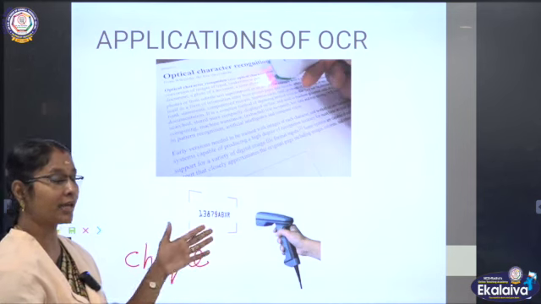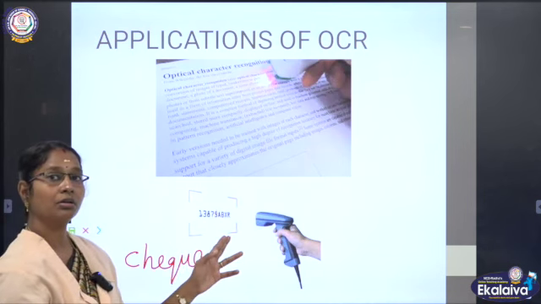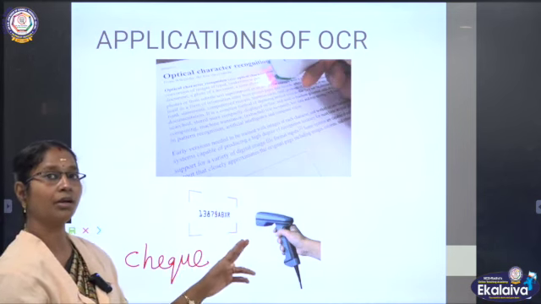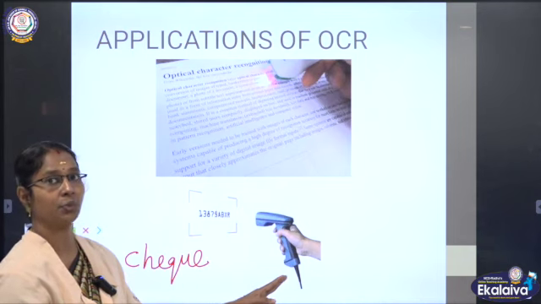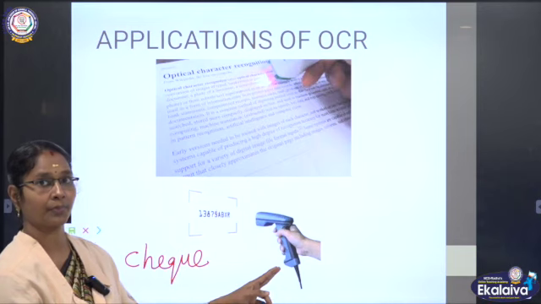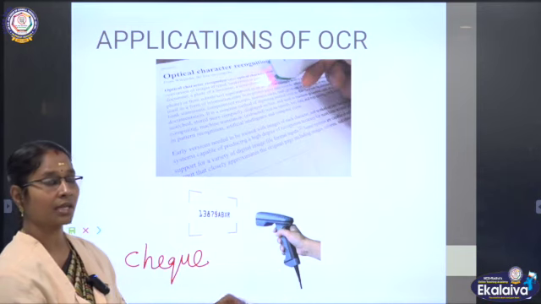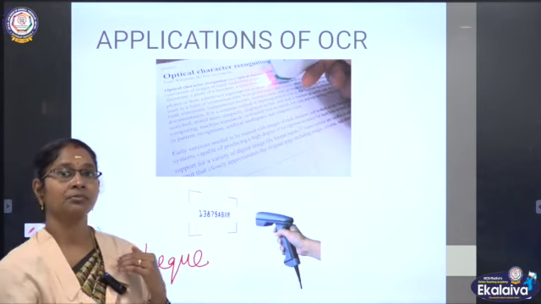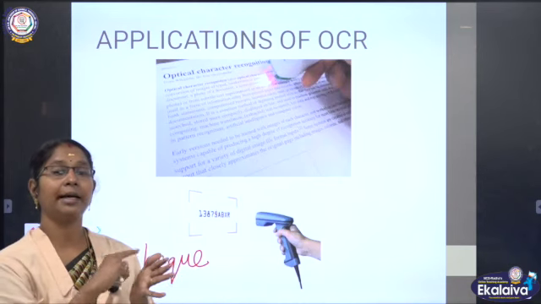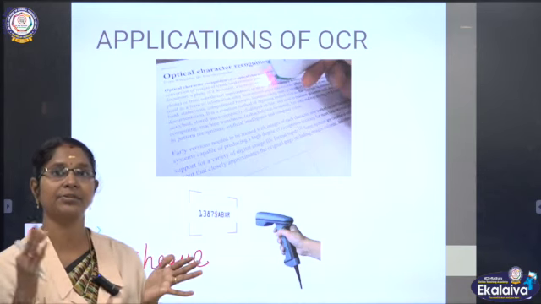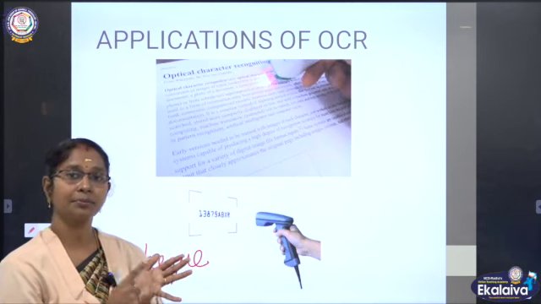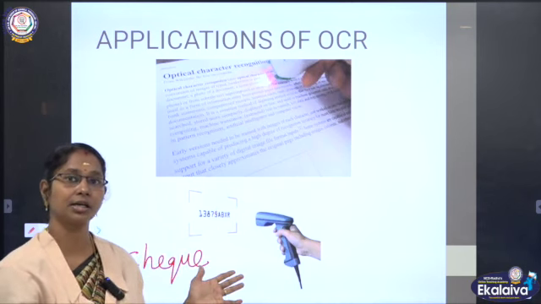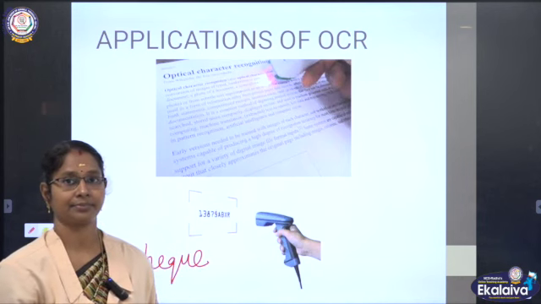On checks we have a code, and you can scan this code using the OCR device. Also, there is the automatic number plate. Today we get automatic number plates for vehicles, no? For that purpose also we use this OCR device.